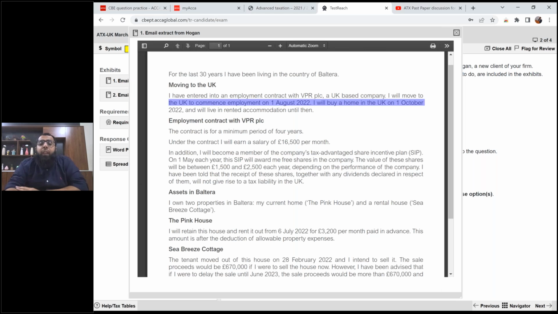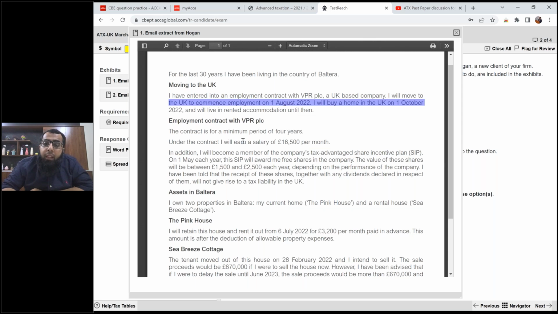Now, we have to calculate the income tax liability of Hogan for 22-23. First of all, what you need to understand is that Hogan became UK resident from 1st August 2022, because the split year basis is being applied. He got permanent employment in the UK on 1st August 22 and became UK resident from that date.